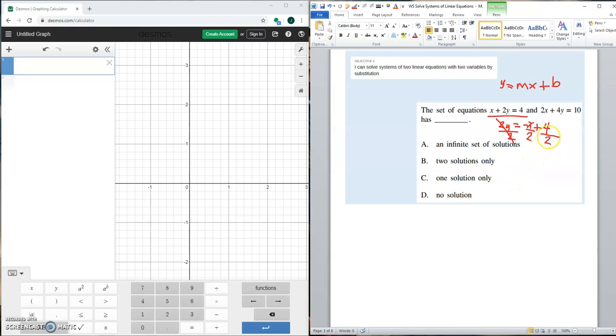However, Desmos, I think, permits for us to plug this in. If Desmos will no longer permit us to plug in the function in standard form, then go ahead and isolate your y, change it to slope-intercept form. So that's for that function.